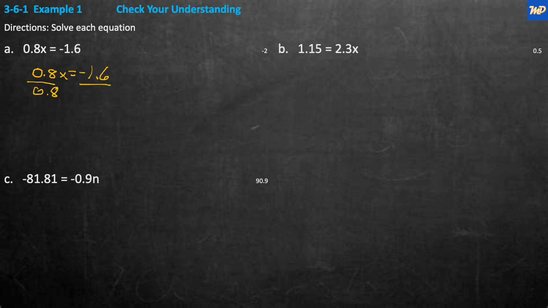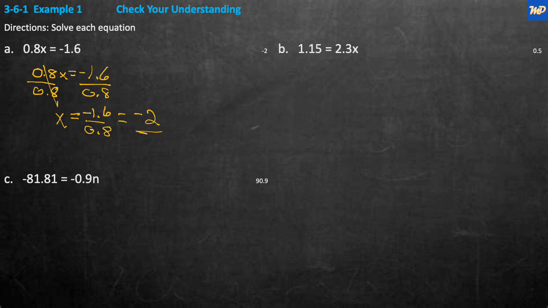If we divide the negative 1.6 by 0.8, these will cancel, and we're going to have x is equal to minus 1.6 divided by 0.8. And 8 goes into 16 2 times. So negative 1.6 divided by 0.8 is negative 2.